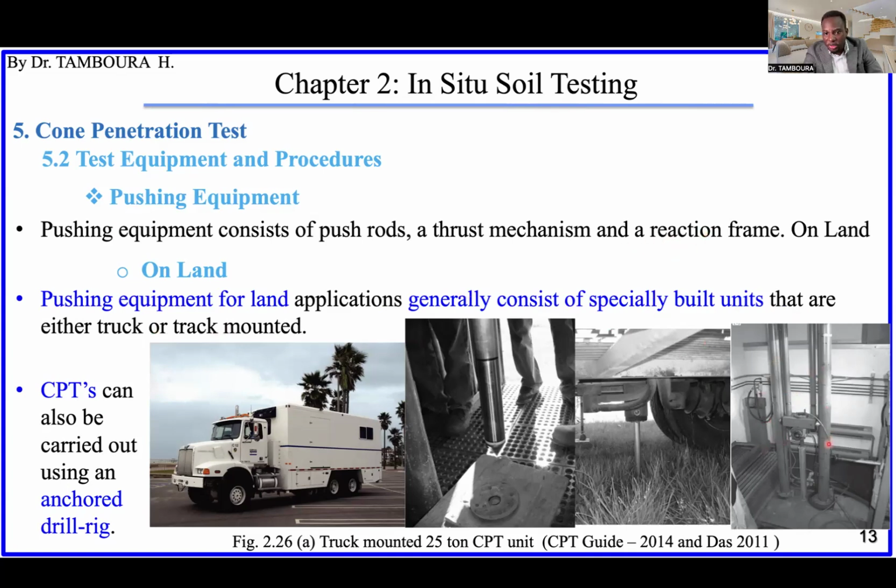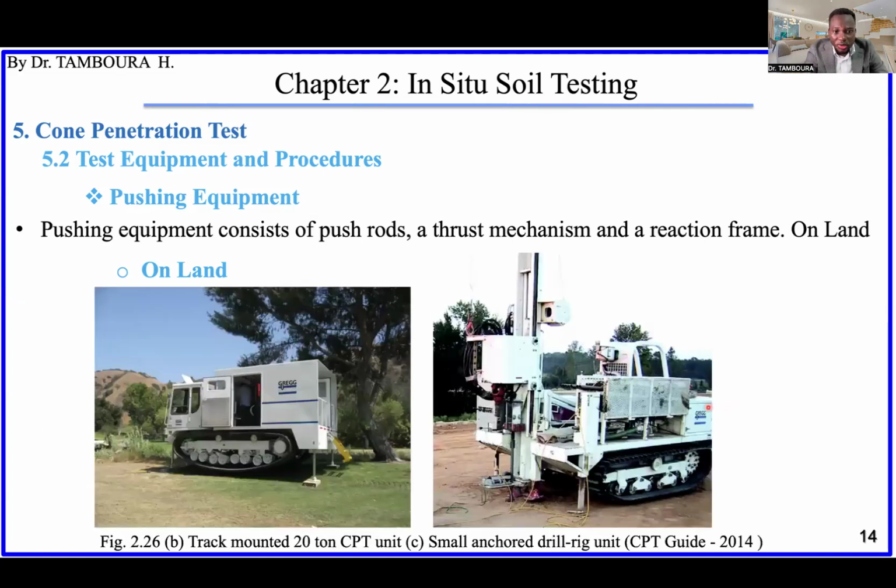Here, for example, is a 25 ton CPT unit. It's heavy, so we can push the cone. This is just an example. There are many types of mechanisms, and also we have this kind of unit, a 20 ton CPT unit, and this one is a small anchored rig unit.